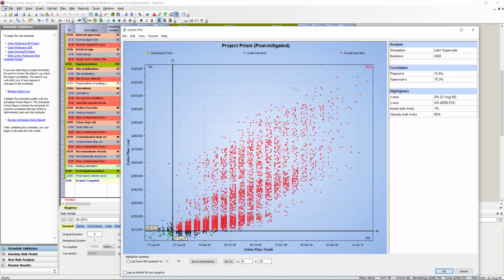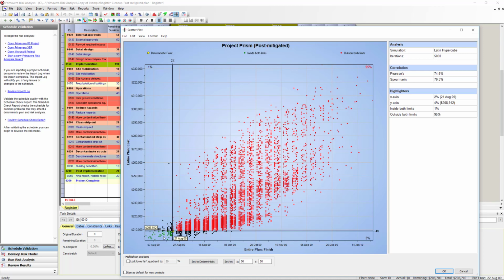Okay. So good. So we can see here that the gentleman committed to $208,000, almost $209,000. So somebody said, okay, I promise, I swear to God, the project will cost no more than $209,000.